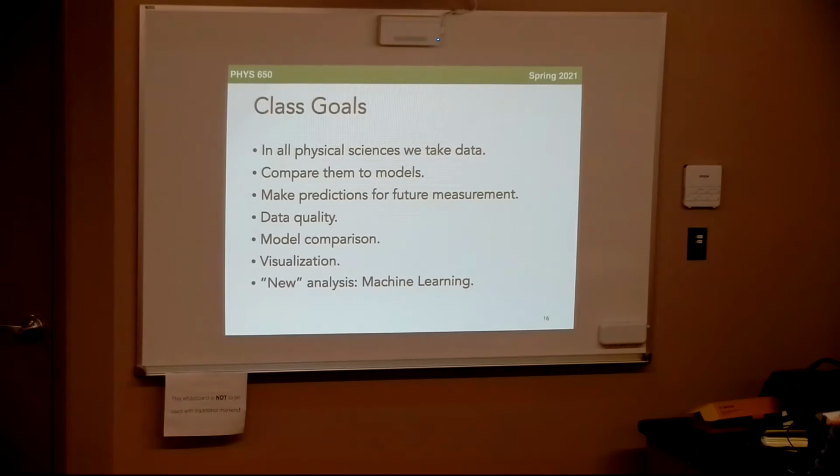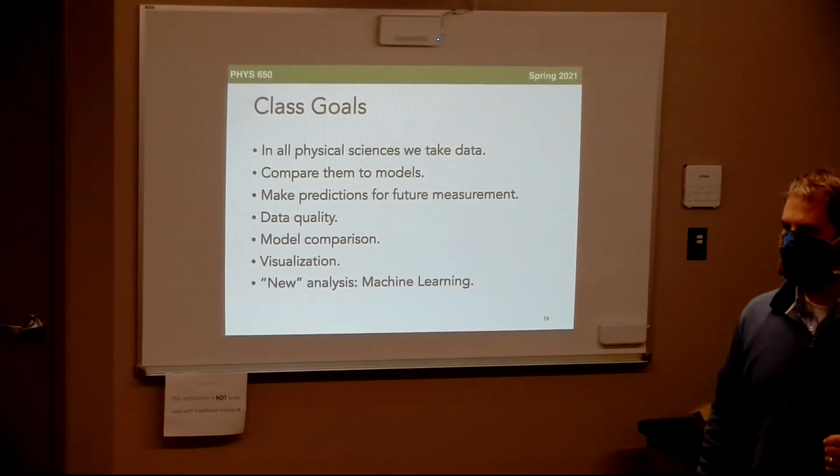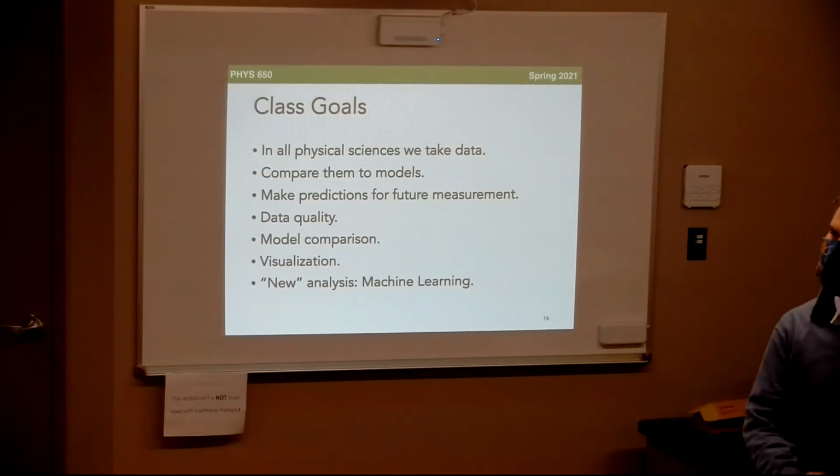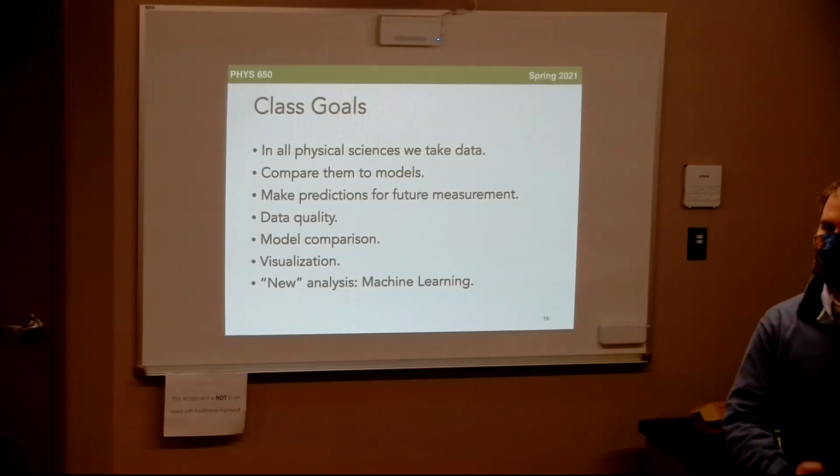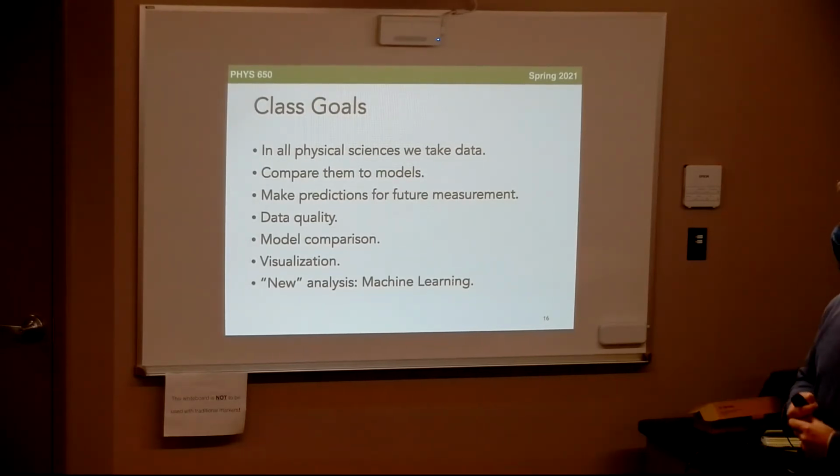You want to evaluate what your data quality is. You want to compare models between each other, and we want to figure out how to work that. And we want to convince others that our model is the best model. You can stand up here and say, "Oh, my model is the best model," but it really helps if you can show rather than tell. And that's where visualizations come in.